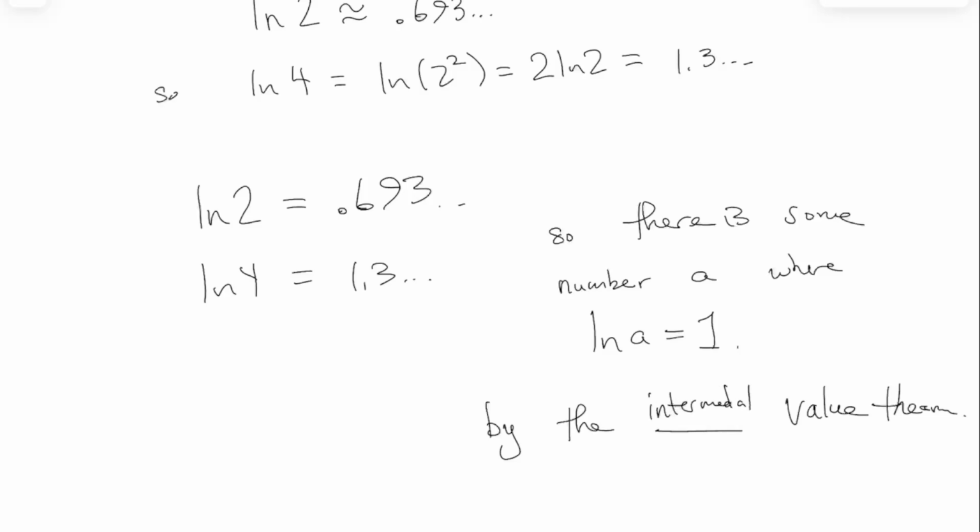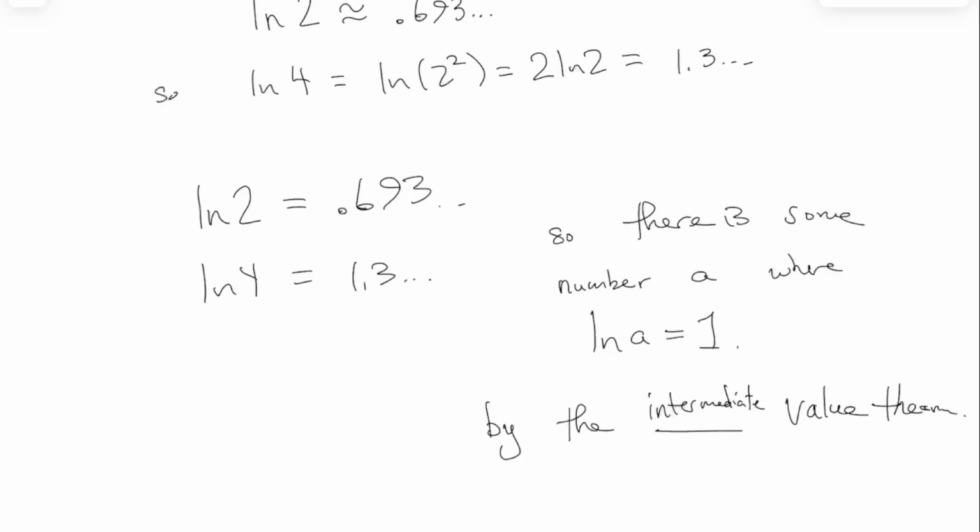There are a few value theorems in calculus. There's also the mean value theorem, and the extreme value theorem. This one is the intermediate value theorem. It says if a continuous function has one value somewhere and another value somewhere else, then there are points in between, that's why it's the intermediate value theorem, whose values equal the values in between.